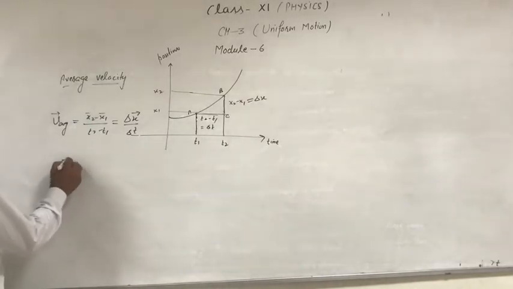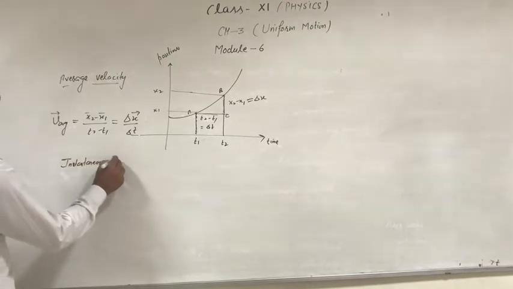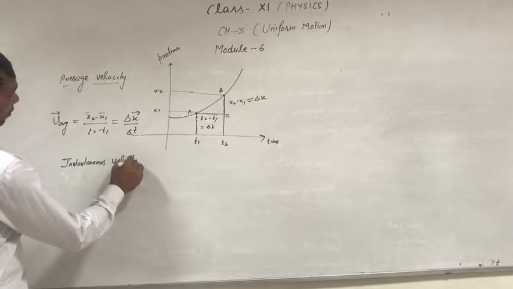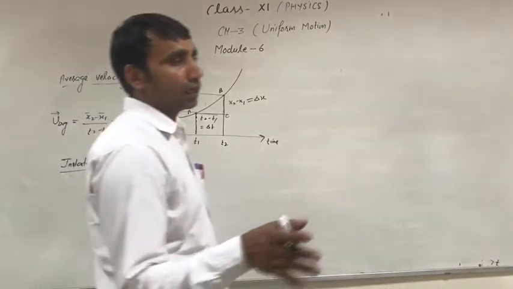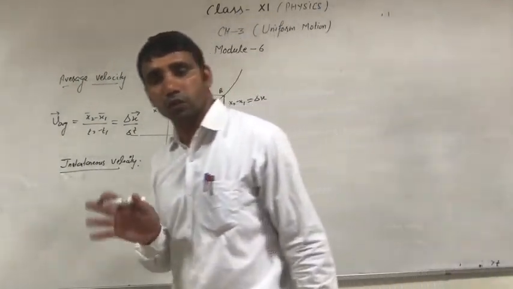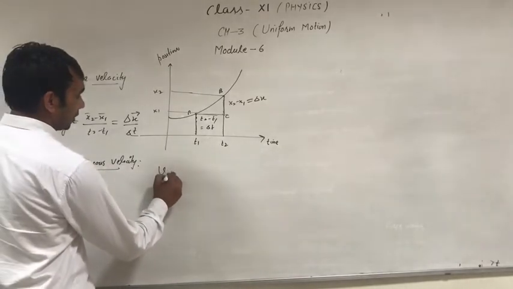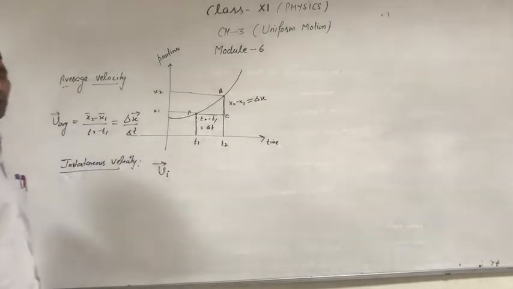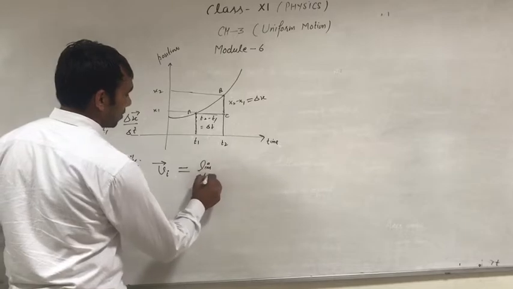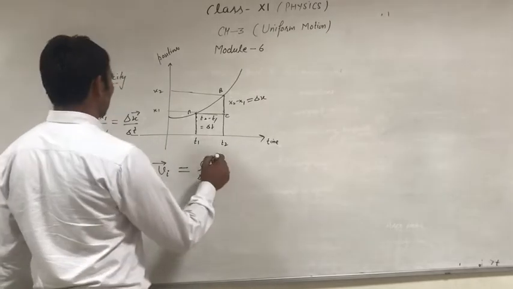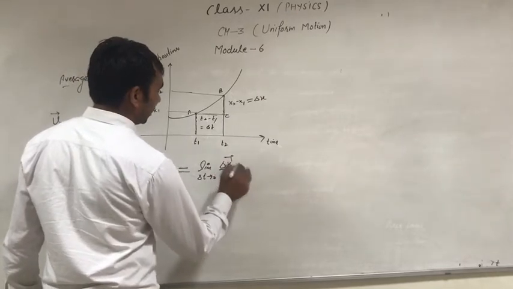Next one is instantaneous velocity. Instantaneous velocity means the velocity of an object at any instant of time. Instantaneous velocity of an object is defined as the limiting value of average velocity delta x divided by delta t.